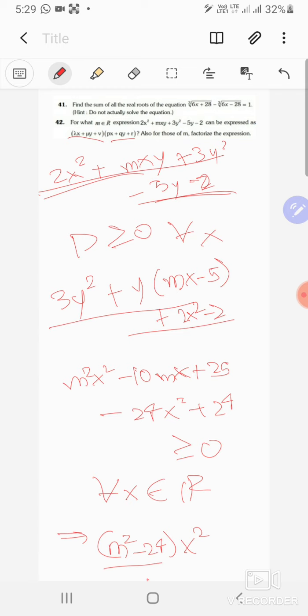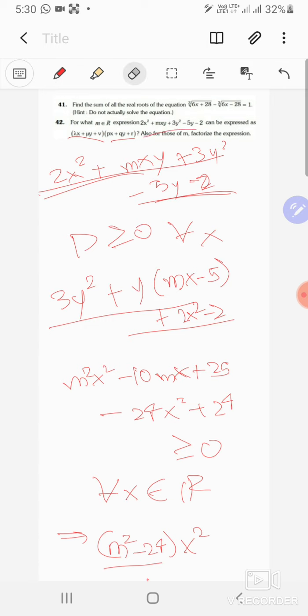That's correct. Minus 4ac, so minus 4 into 3 is 12, into 2 is 24. So minus 24x squared plus 24. That's also correct. It has to be greater than or equal to 0 for all x. That's fine. How do we solve this thing?